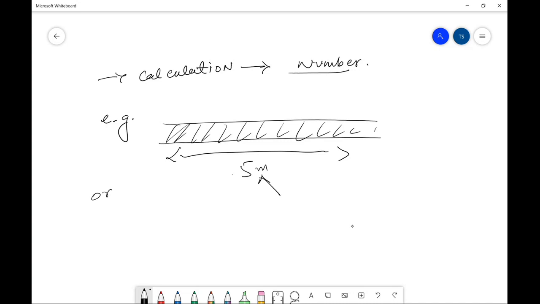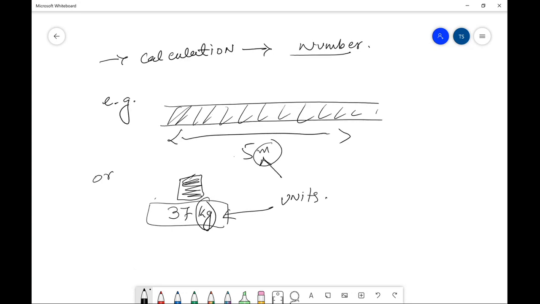Or if we have a weight to measure, 37 on a weight scale, that doesn't make sense unless we say 37 kg. As we know, meter and kg are the units.